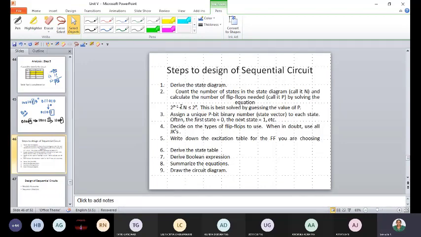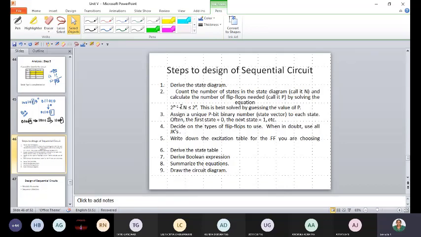After deciding how many flip-flops we need to use and what type of flip-flop we are going to use, we are going to write down the excitation table of the concerned flip-flop that is chosen.